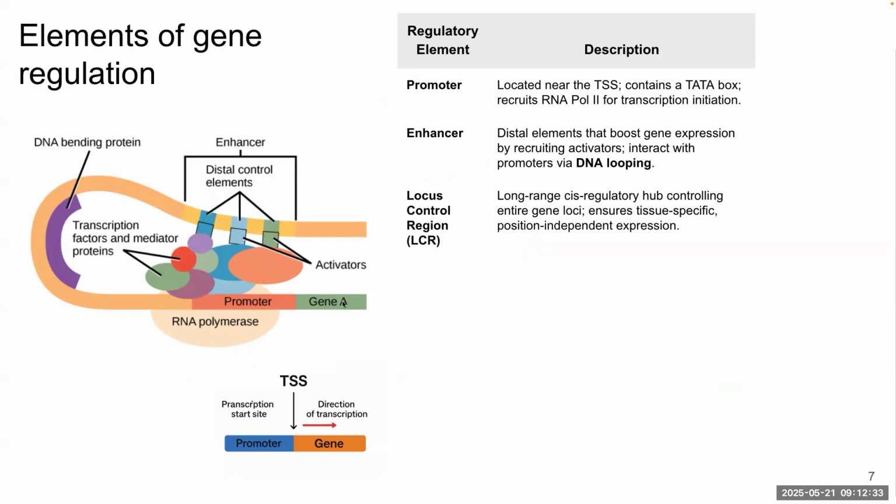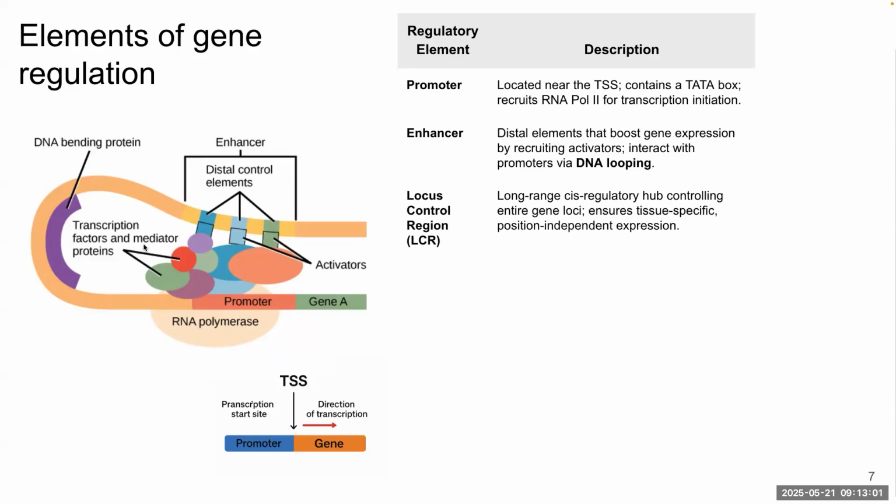You have a gene region, and nearby the gene we have promoters. There are usually two kinds of promoters. One is the core promoters that are nearby or almost close to the gene, and there is another kind of promoter that is also close to the gene, but not as close as the core promoters.